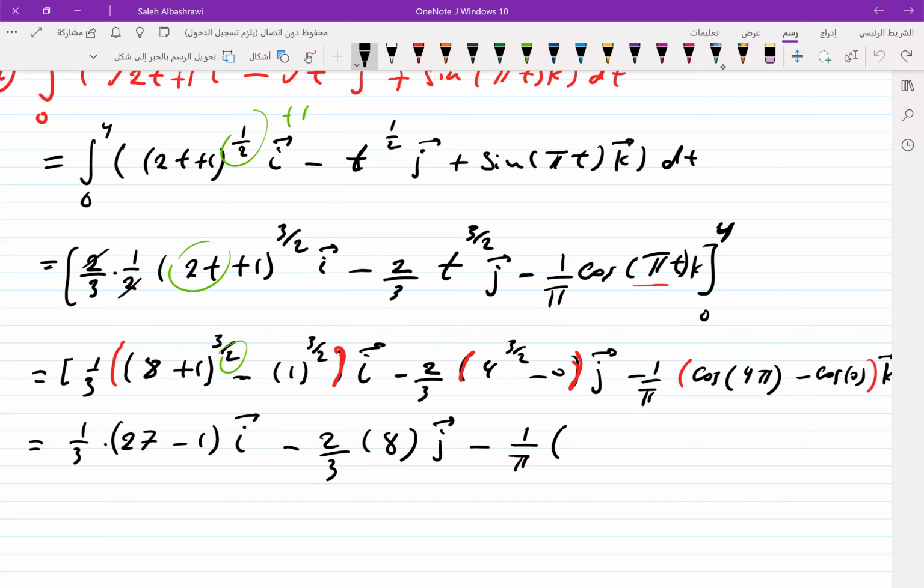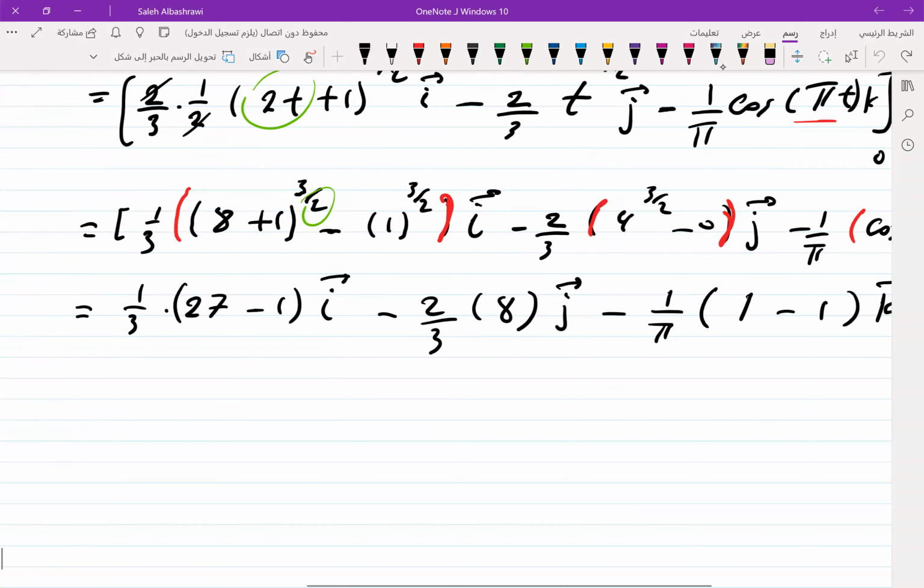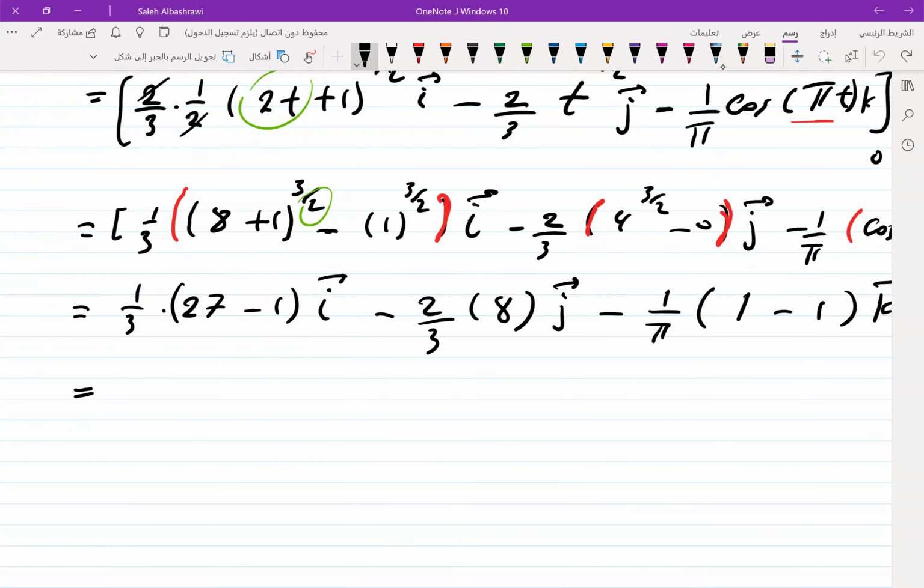This is an even multiple, so cosine of 4 pi is equal to 1, and cosine of 0 is equal to 1. So this will be 1 minus 1, that will be 0. So the final answer will be equal to 26 over 3 i minus 16 over 3 j, and the third component will be equal to 0.